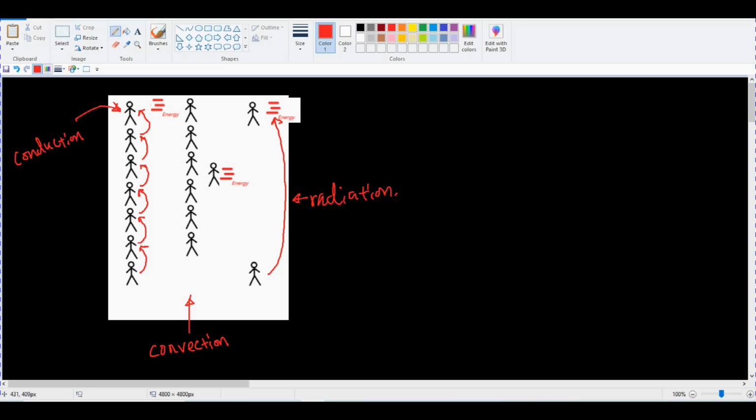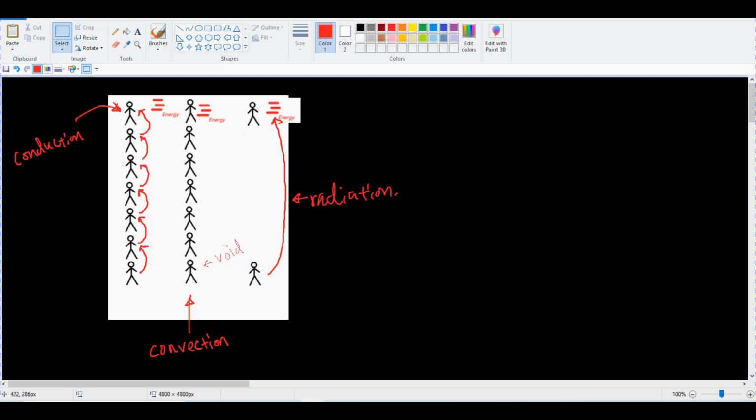So to keep the formation of the queue, the rest of the line must move forward to fill the void. It creates a space for the one carrying the energy to fill in. So that's how it works.